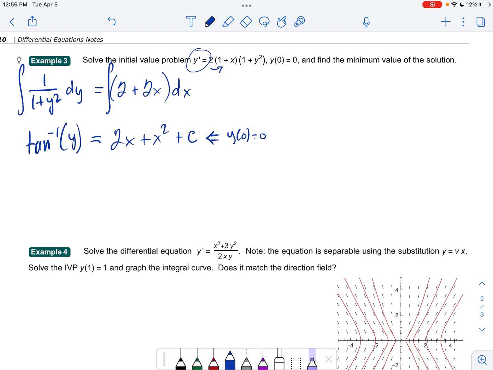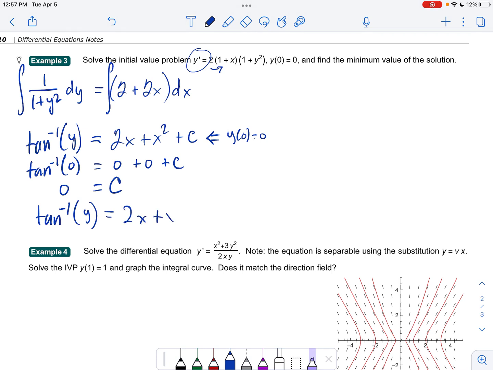So the arctangent of 0 equals 0 plus our constant. The arctangent of 0 is 0, so the constant is 0. That gives the arctangent of y equal to 2x plus x squared, or x squared plus 2x.